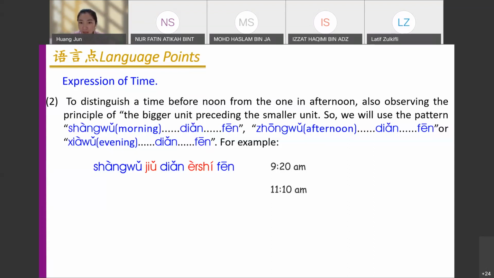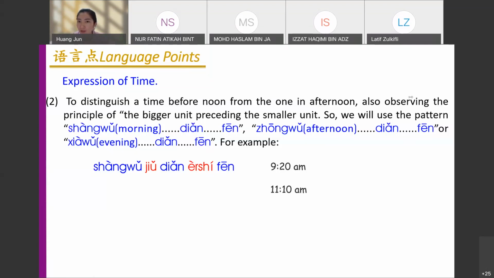Then we have another one. Tell me, how do you say this? How do you say this one? 11 o'clock, 10 minutes, a.m. Type your answer over here when you type, so I can know how many people already caught it.